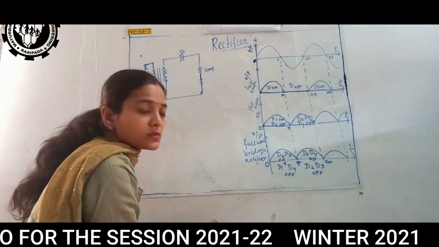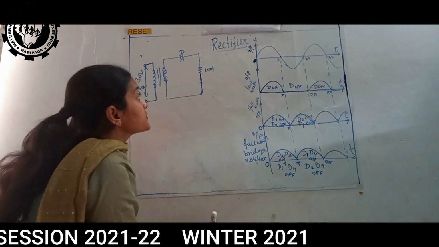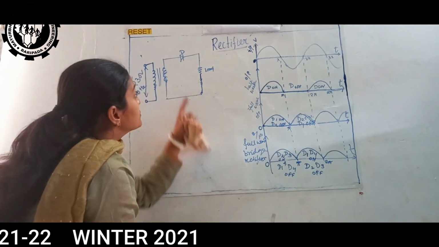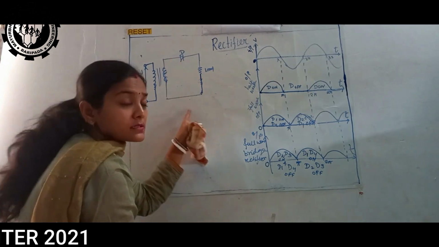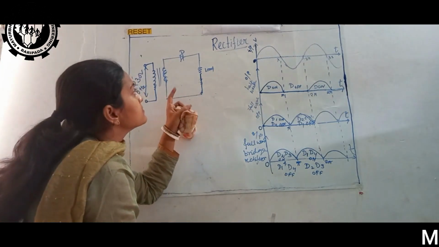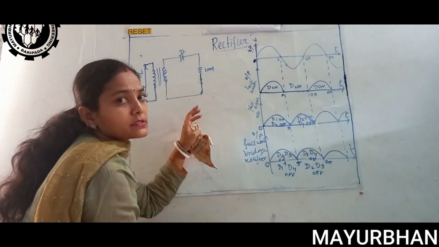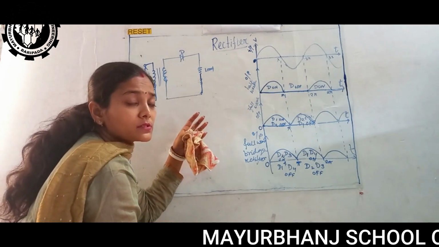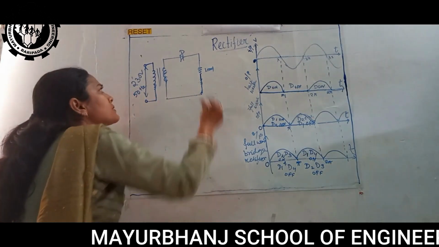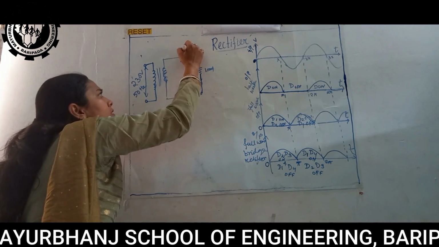So this is all about the rectifier. Next we will study the fully controlled rectifier circuit. What do we need to do there? We can simply replace the diode with an SCR.